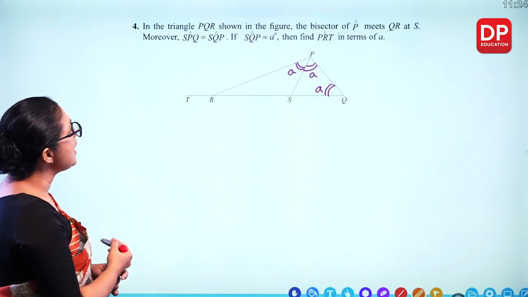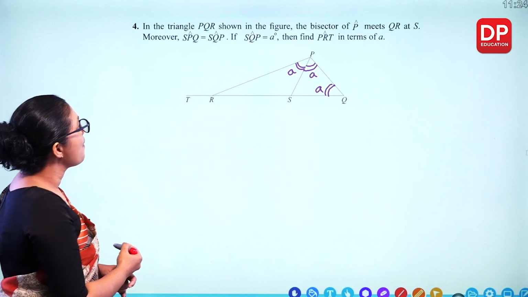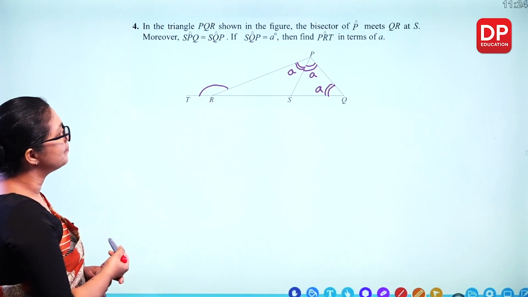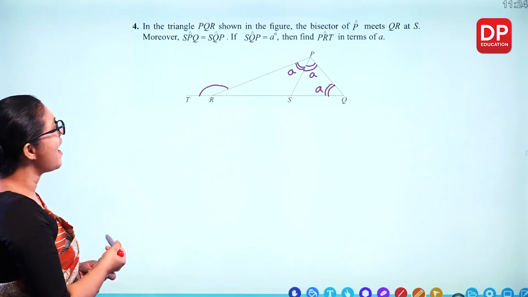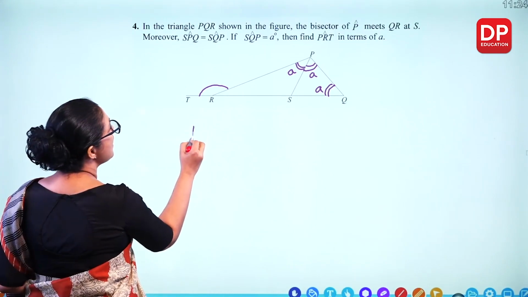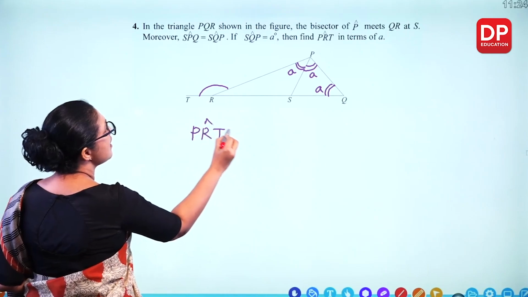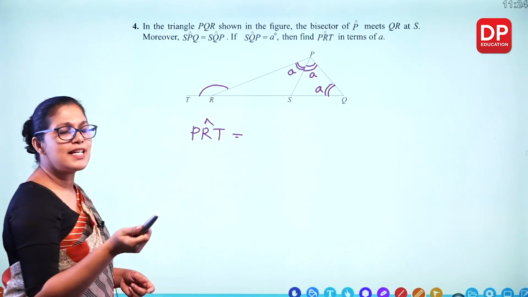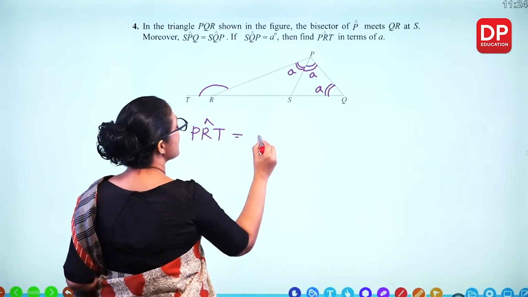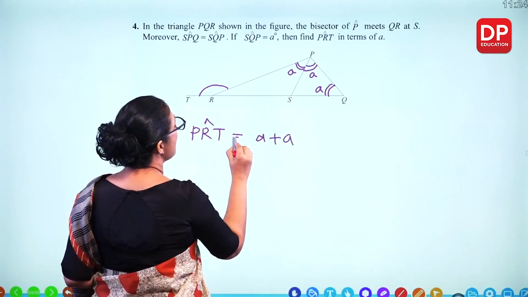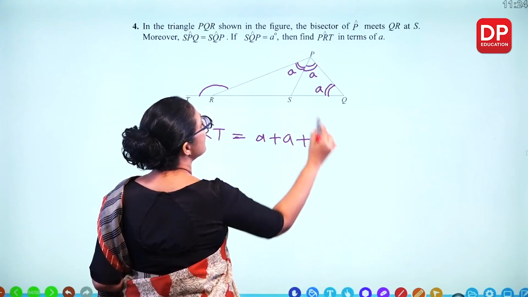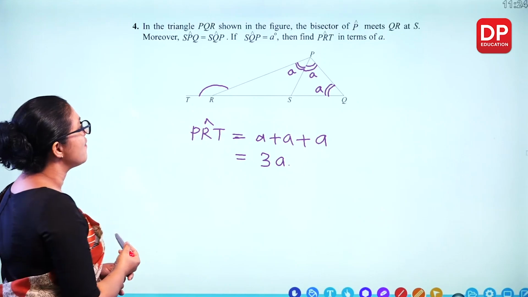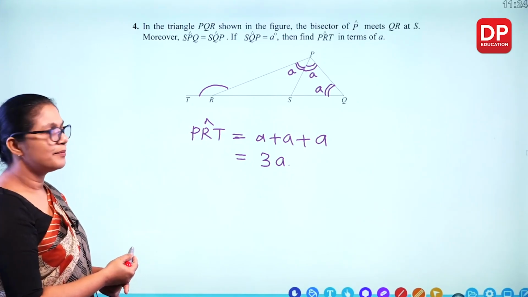Then find PRT, this angle, in terms of A. So that's the exterior angle for this triangle. So PRT is equal to the sum of the opposite interior angles. So A plus A plus A, this plus this, you get 3A. Straight away you can write PRT is 3A.